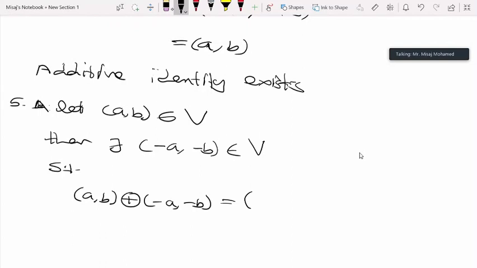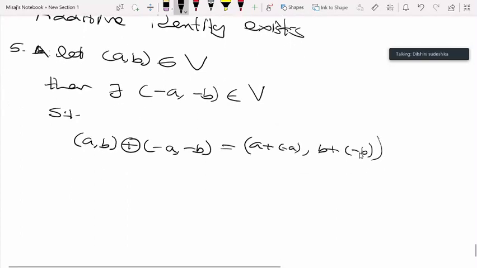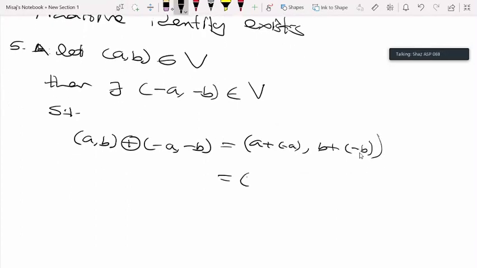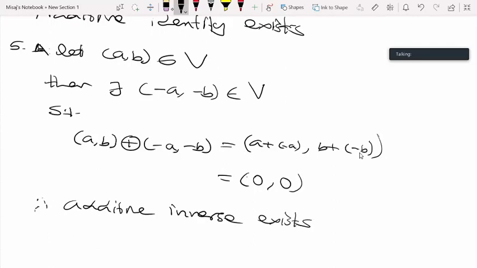If we add these two, a plus minus a, b plus minus b. So what will we get? (0, 0), the zero vector. So therefore the additive inverse exists. Is it clear? So the first 5 properties are done.